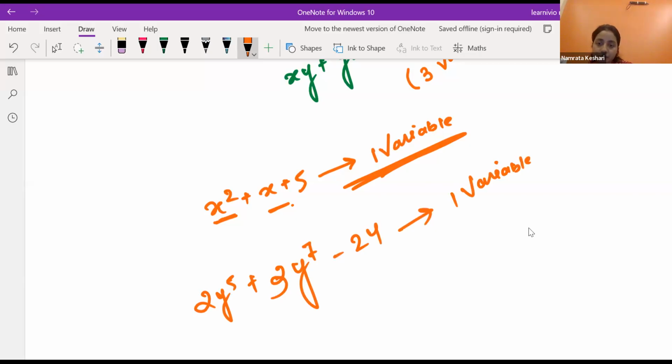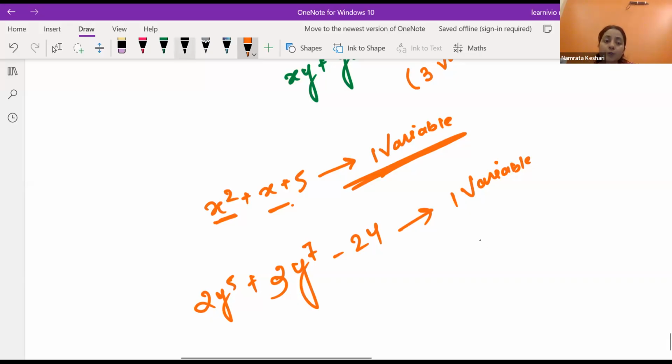Yeah. So one of the most important criteria for a polynomial is that there has to be one and only one variable. This criterion is really important. In this class we have a chapter on polynomials. In the next class, class 10, again we will have polynomials. In class 11 again, here and there. Properly one chapter is not there, but here and there we will be seeing polynomials every time.